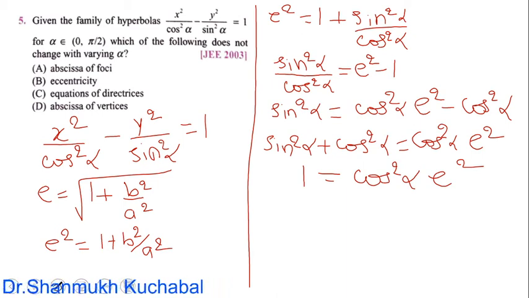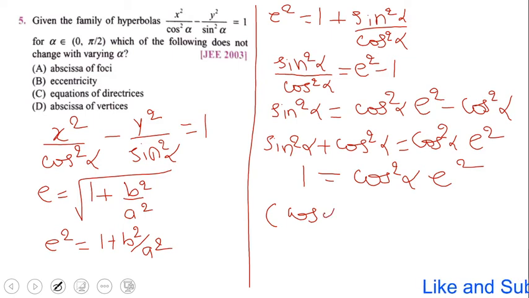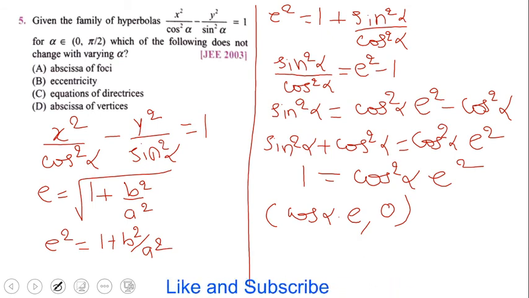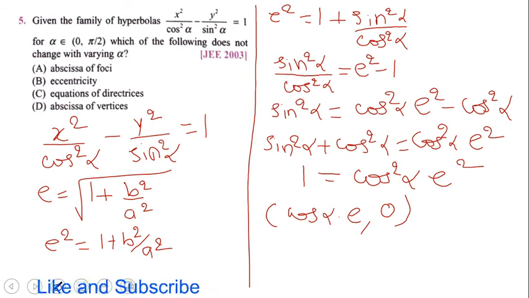From this we calculate the abscissa of the foci. The abscissa of the foci is the square root of this, so that is cos alpha into E, comma, y coordinate is 0. So it does not contain alpha here. Therefore clearly option A is the right answer, it does not change with varying alpha.